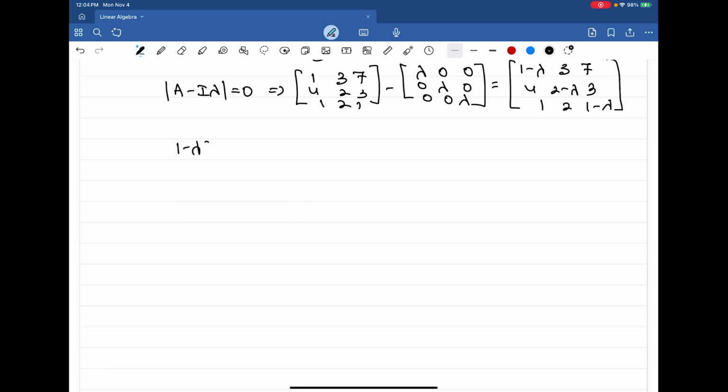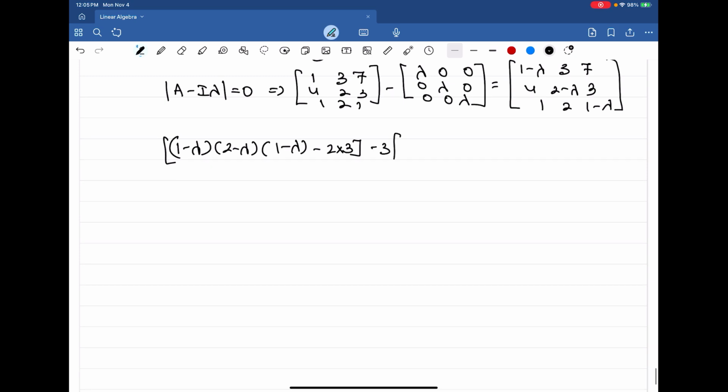One minus lambda into 2 minus lambda into 1 minus lambda, minus 2 into 3. This is 1.